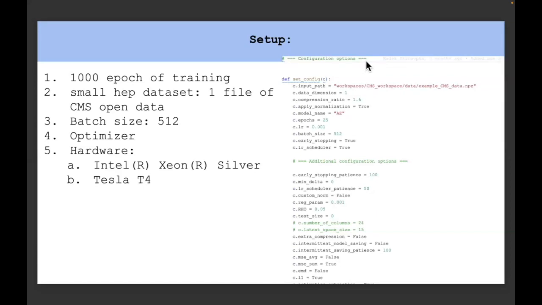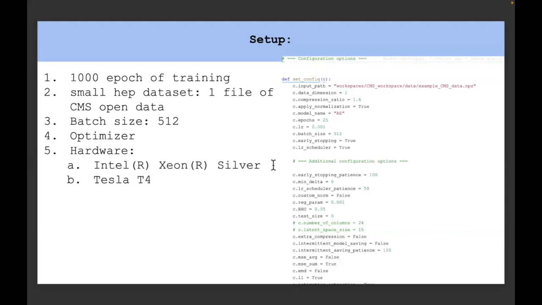First of all is the batch size, but it was fixed at the most optimal value, 512. The optimizer and learning rate scheduler were fixed. We use the Adam optimizer and a starting learning rate of 0.01.